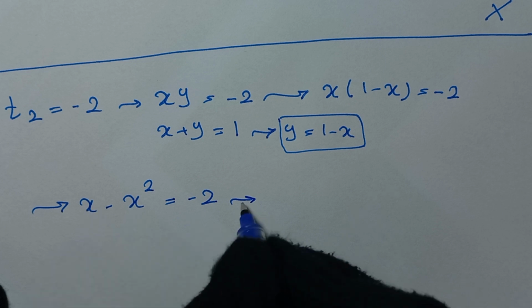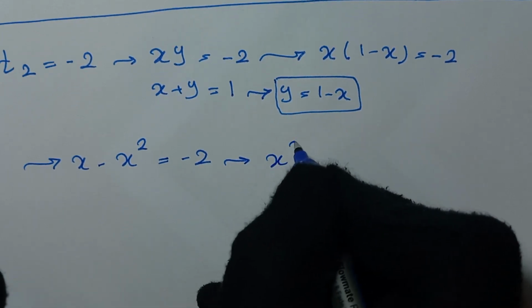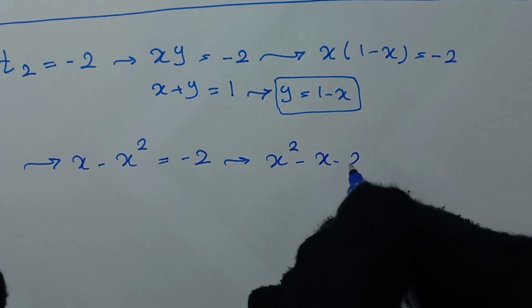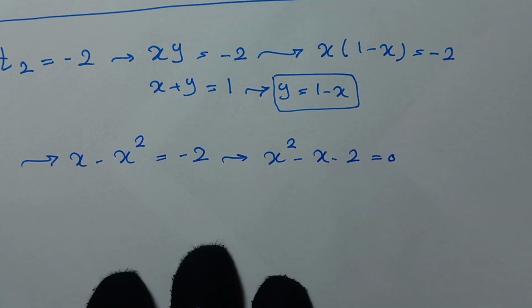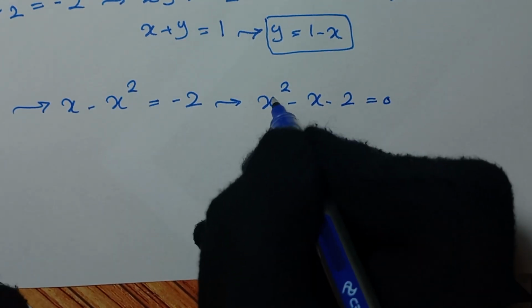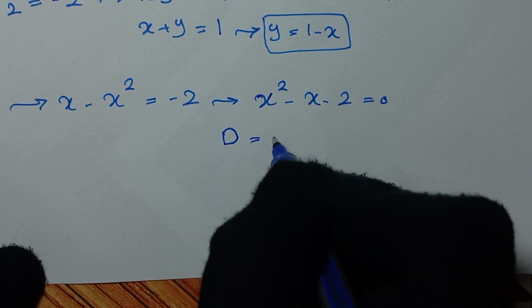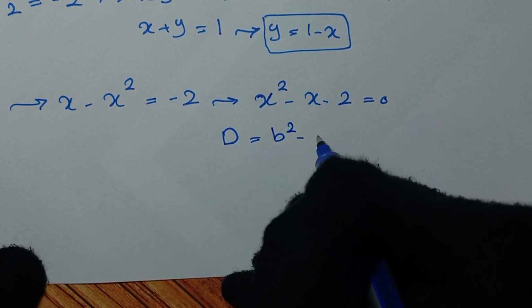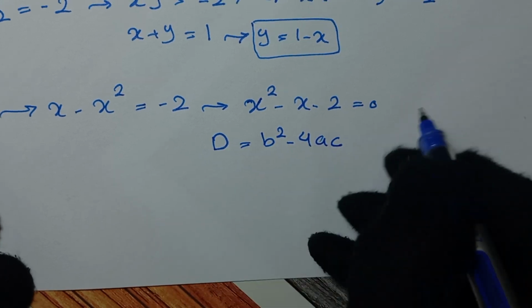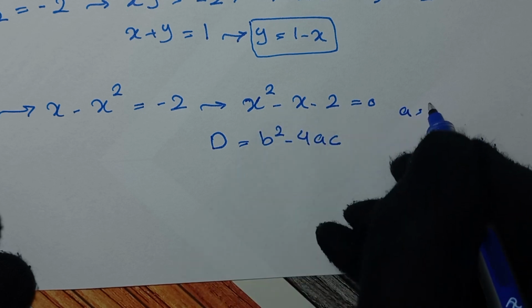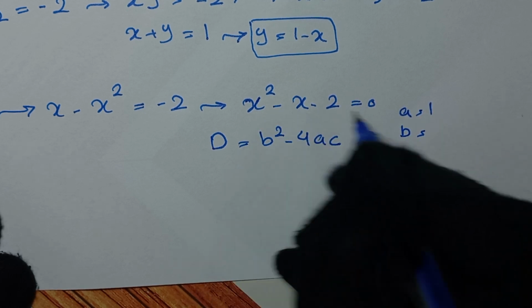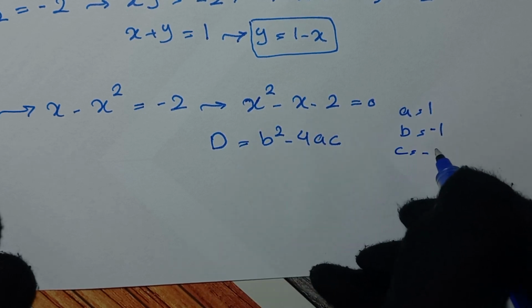And we move these two parts to this side, so it will be x squared minus x minus 2 is equal to 0. And here we use quadratic formula, and if we write discriminant formula, b squared minus 4ac. In here, a, the coefficient of x squared, is 1, and b, the coefficient of x, is negative 1, and c is negative 2, right?